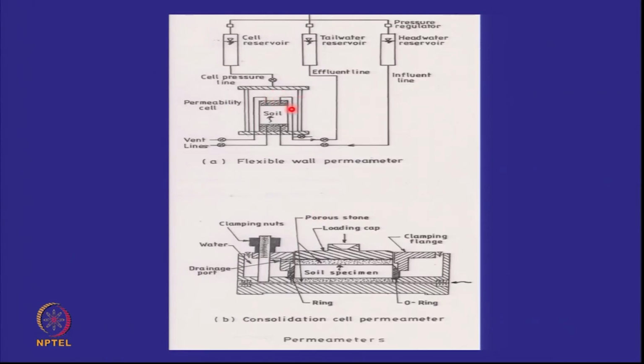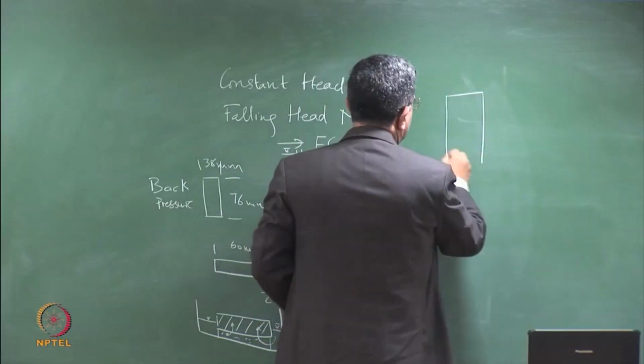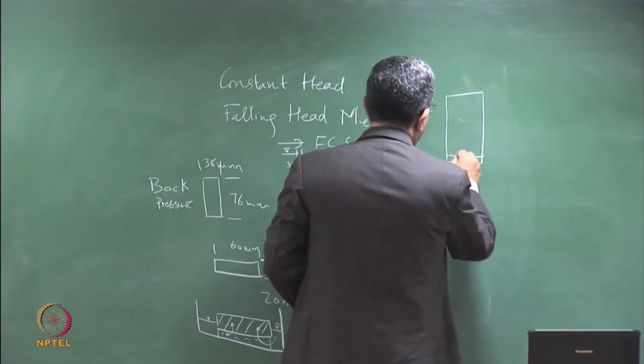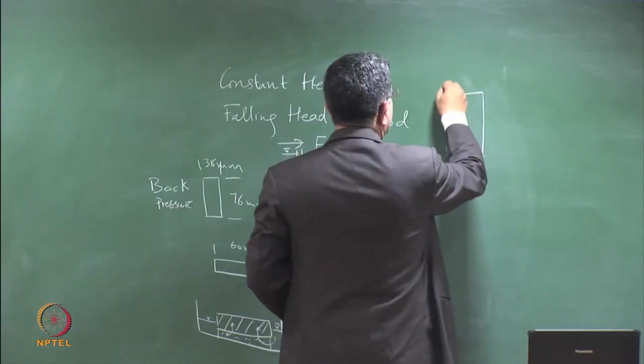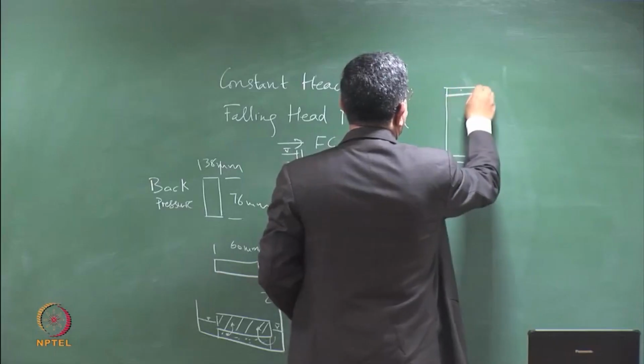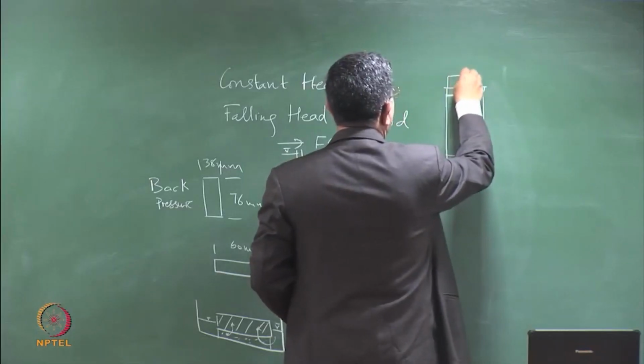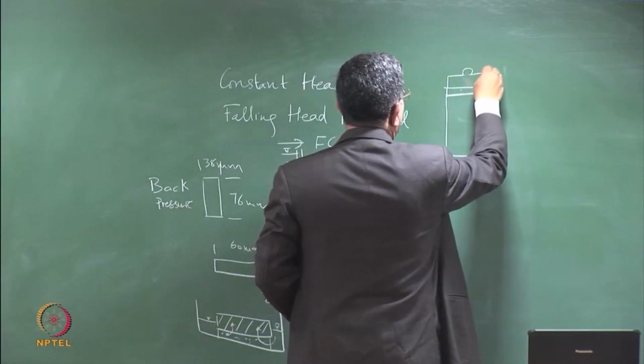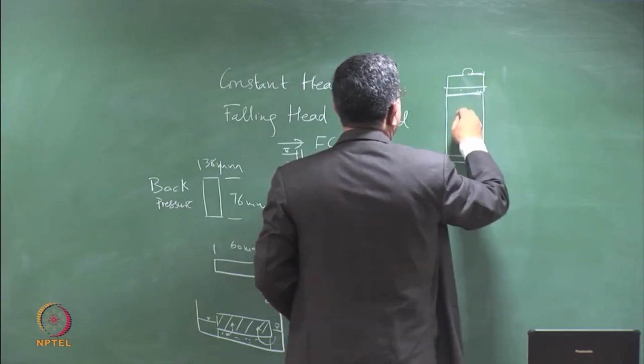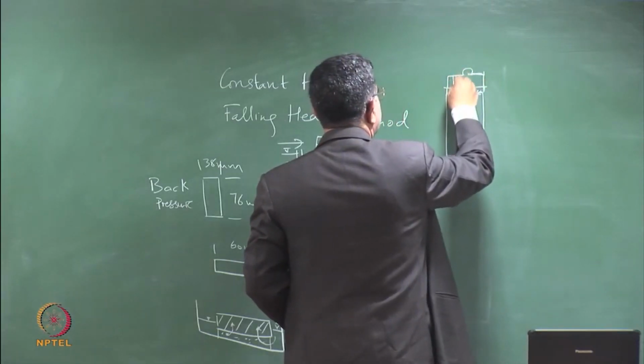So if I was to make a diagram of the triaxial sample, you have your porous stone here, you have the porous stone here, you have the loading cap here, and there's a hole in the loading cap.